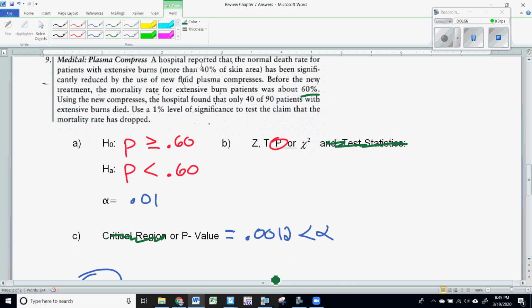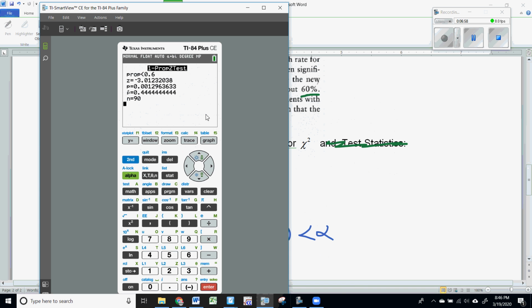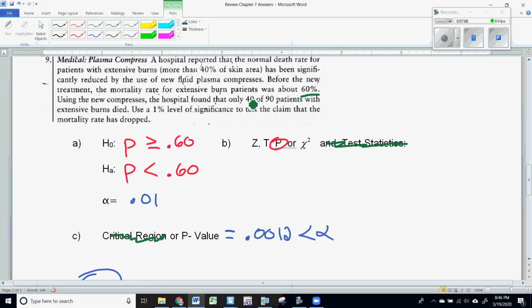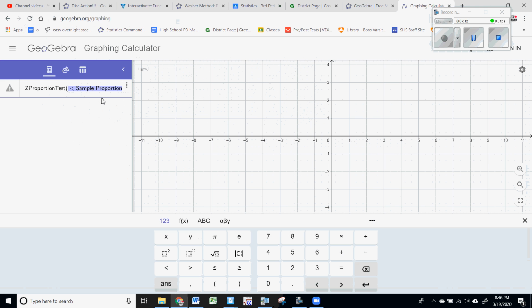Now, let's talk about how you would do this same thing if you didn't have the TI-83 calculator, but you had to do it in GeoGebra. And the big thing to remember is GeoGebra uses p-hat. It doesn't use x. So it doesn't use 40, it uses our p-hat value. So if we go here, we have our sample proportion, which is 0.44444.